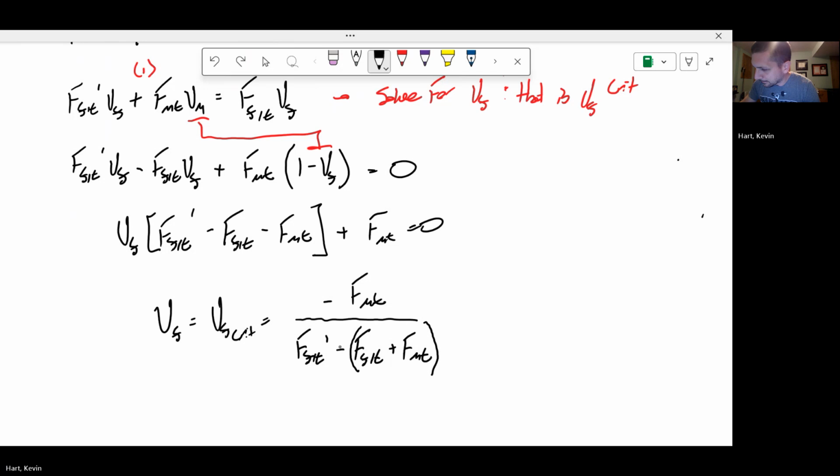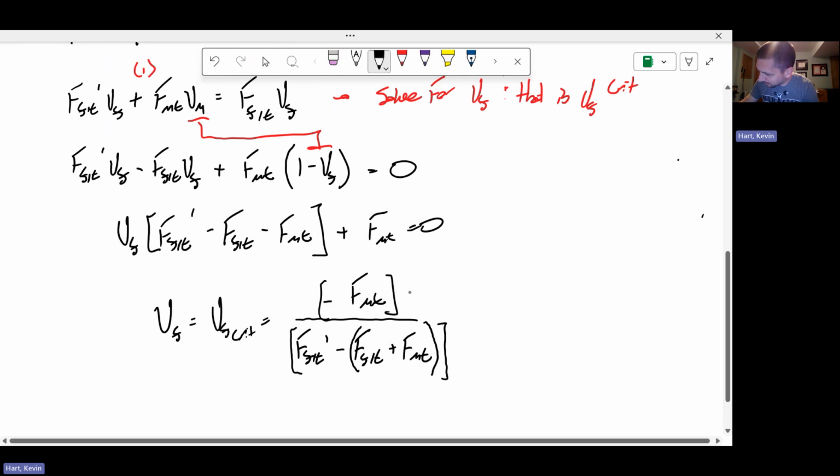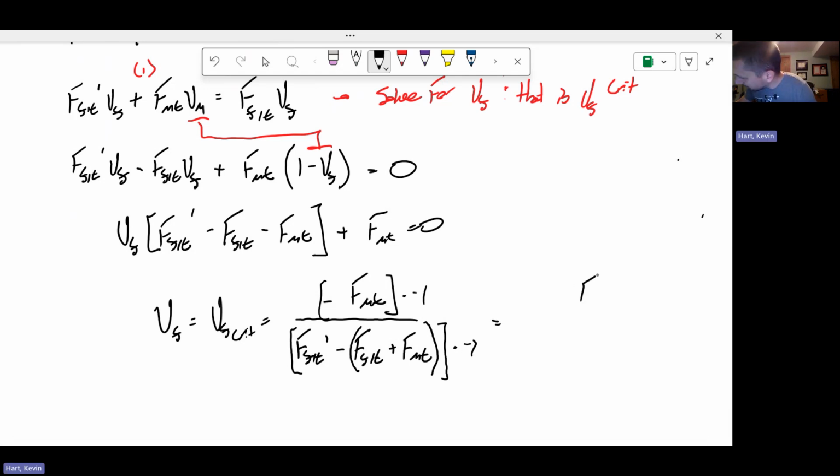You basically want to multiply all this by -1. If you multiply both the top and the bottom by -1, you'll get FMT over F1T plus FMT minus F1T prime. And this is your answer.